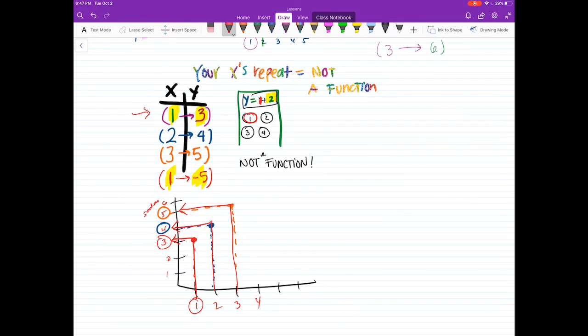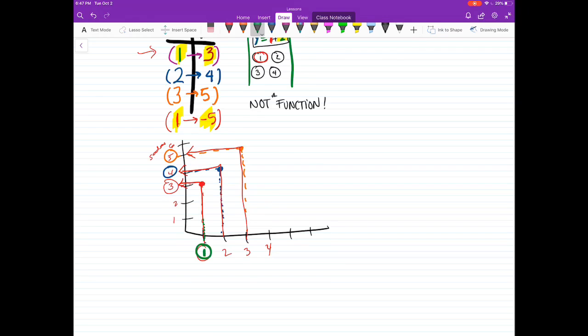So now, what if I pushed 1 again? What if I went to 1 again, but instead of going up, it went down, all the way to -5?